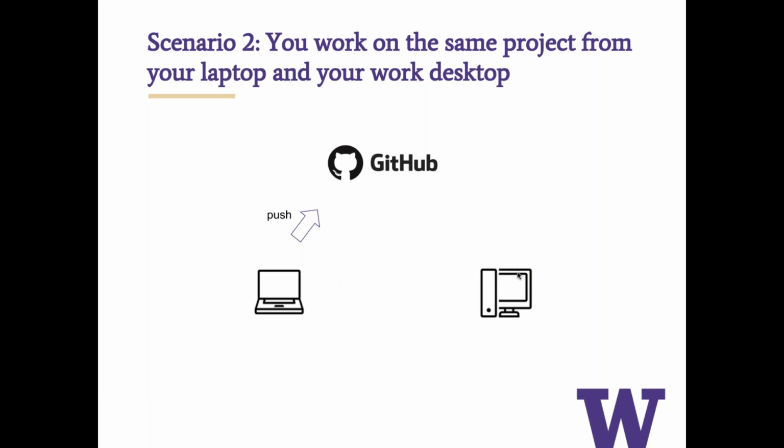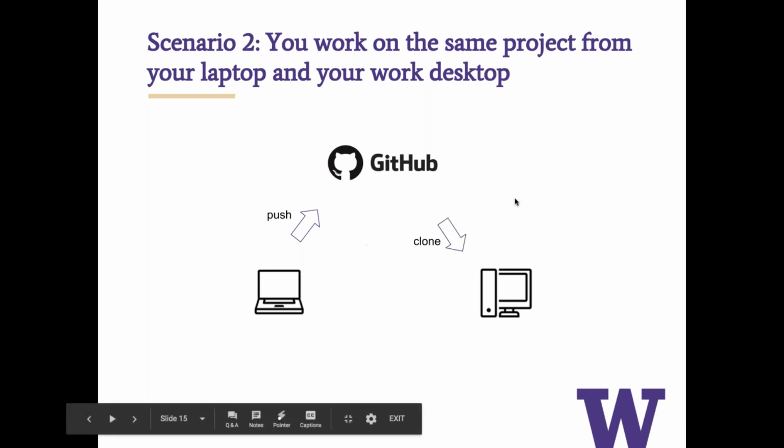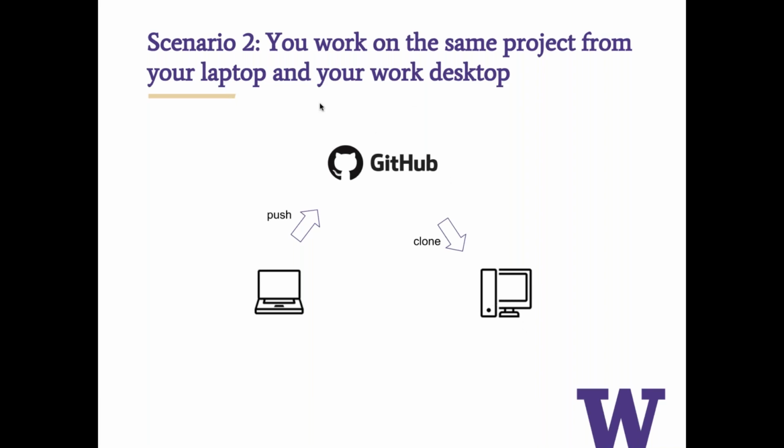You want everything to be synced, right? So you just go to the new computer and all the changes are there. How can you do that? Well, the first step is to use this clone option and clone this repository on your desktop too. So now you have cloned copies on your laptop and on your desktop.